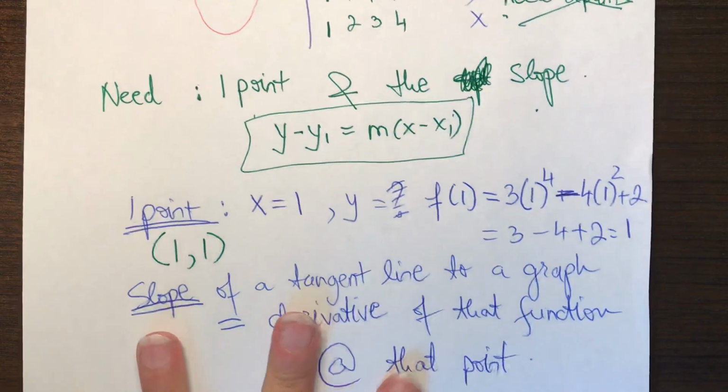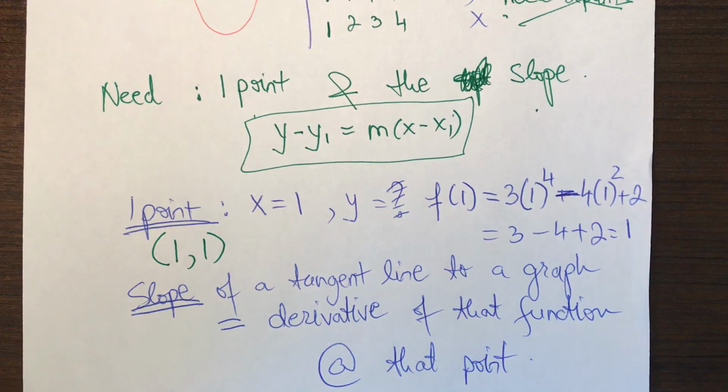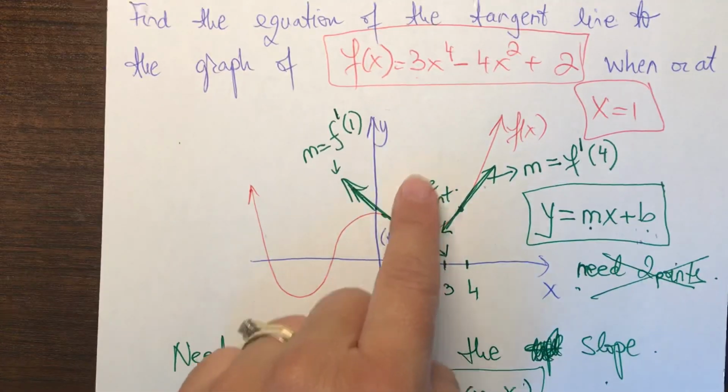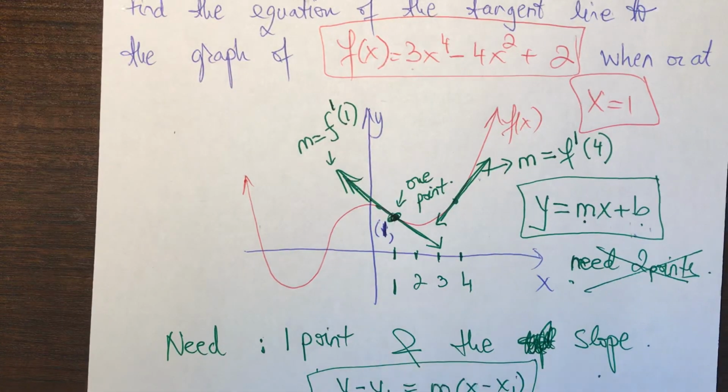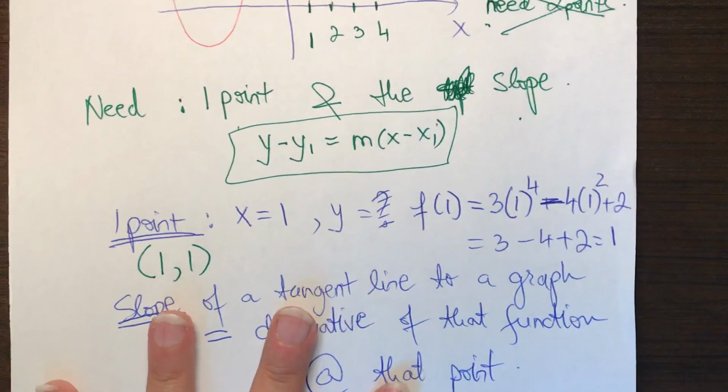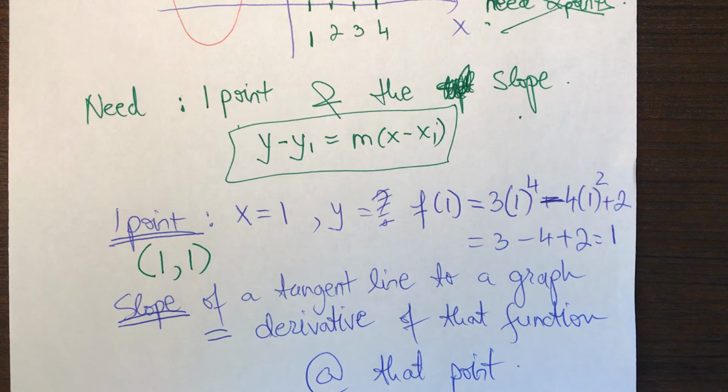And this is what calculus has allowed us to now further know. That the slope of this tangent line, it has to be a tangent line, not any random line going through this. It has to be the tangent line. So the slope of the tangent line is equal to the derivative of that function at that point.